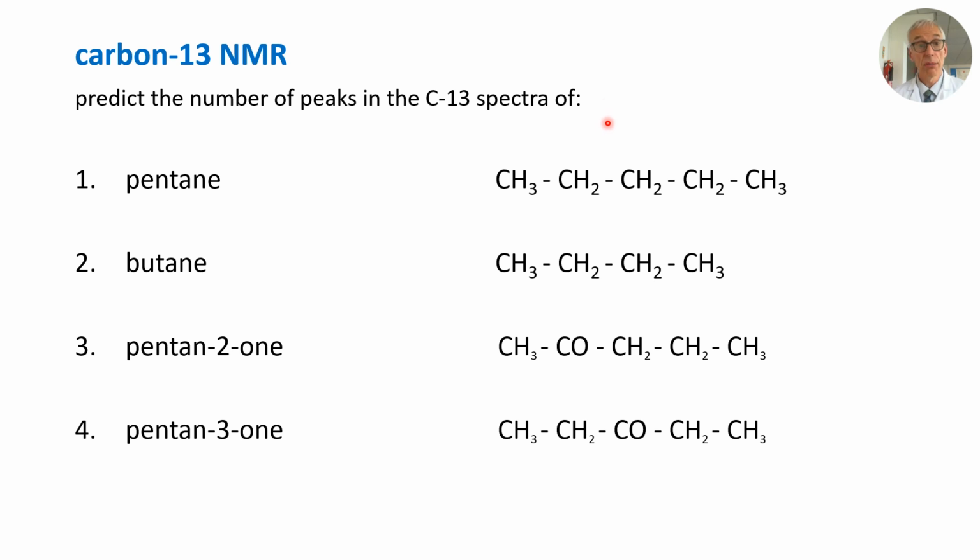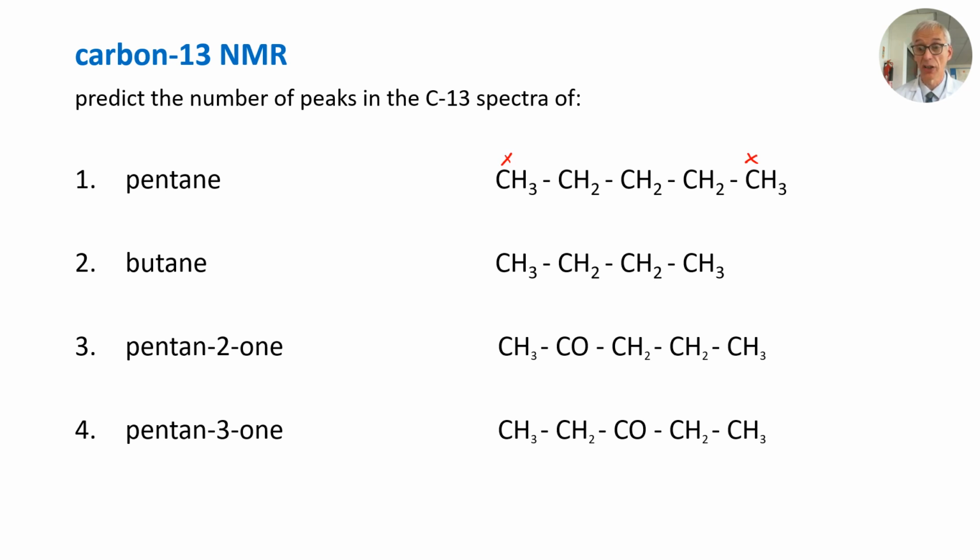So here are some problems. Predict the number of peaks in the carbon-13 NMR spectra for pentane, butane, pentan-3-one and pentan-2-one. Think it through. Come back to check against my ideas when you are ready. Okay, so if we start with pentane, we've got a CH3 group, and we can see that these two carbon environments are chemically equivalent.